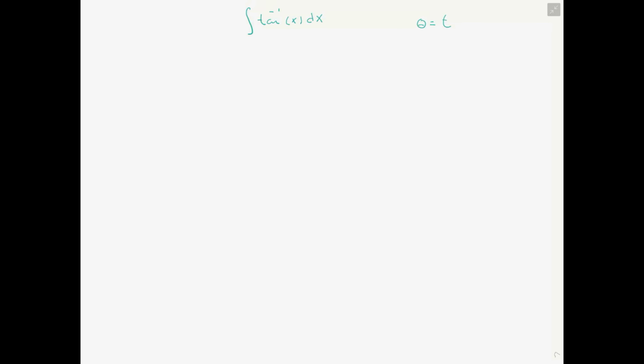We got theta equals the arctangent of x. And so tangent theta equals x, and secant squared theta d theta equals dx. And so we make this substitution.